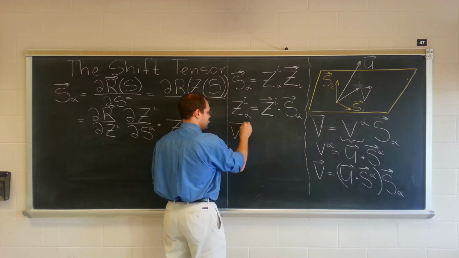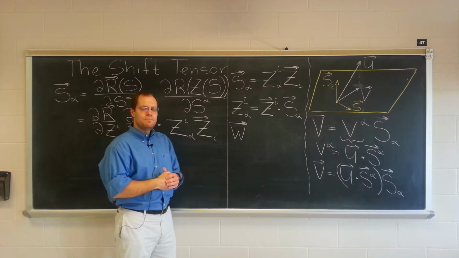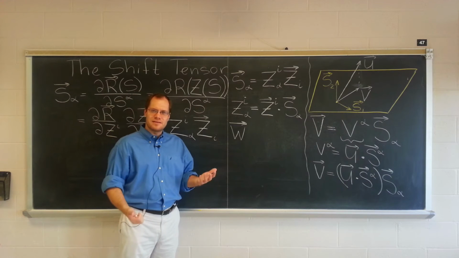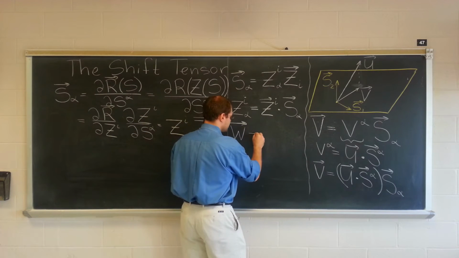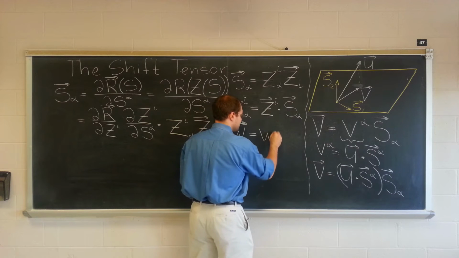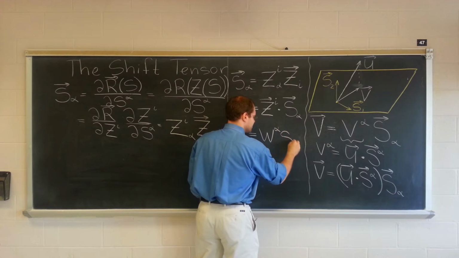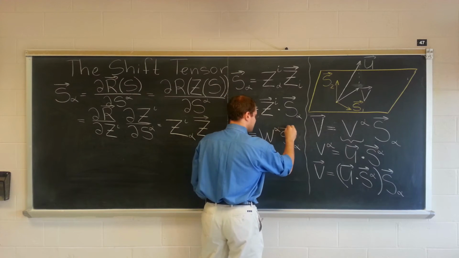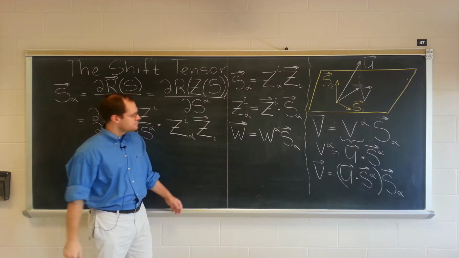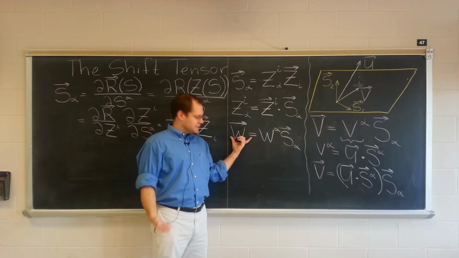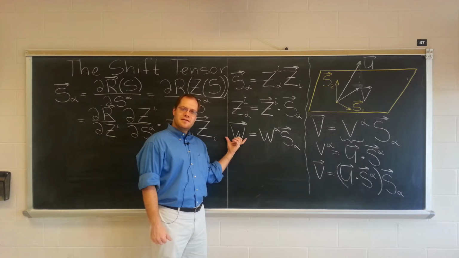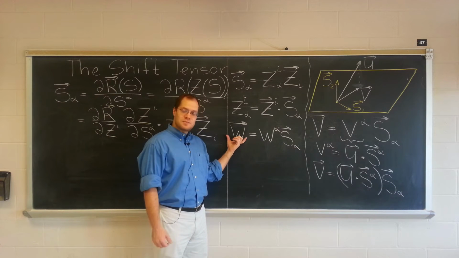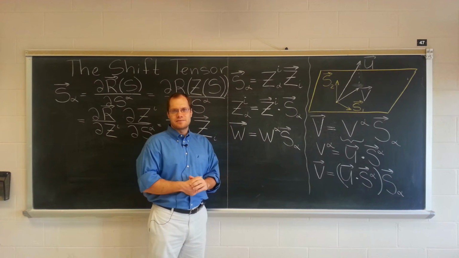In that case, W, because it's in the tangent space, can be expressed as a linear combination of the surface basis. There you go. But being in the tangent space, it also means it's in the ambient space.